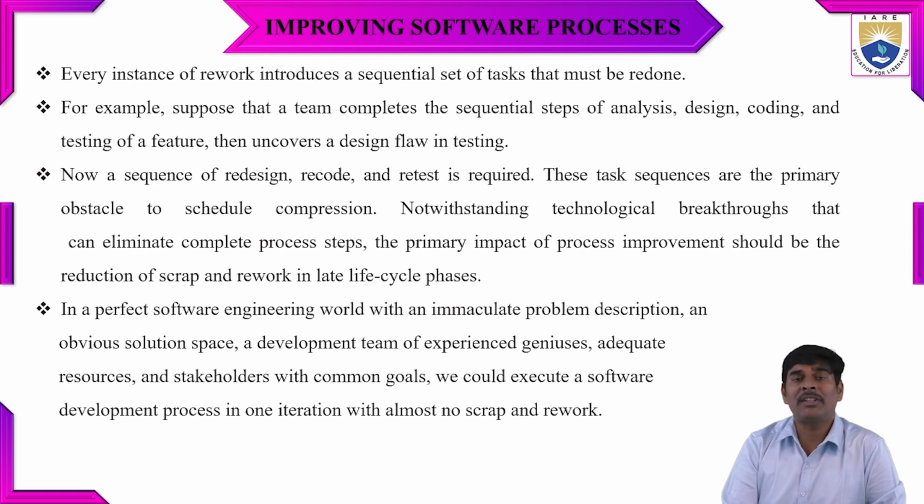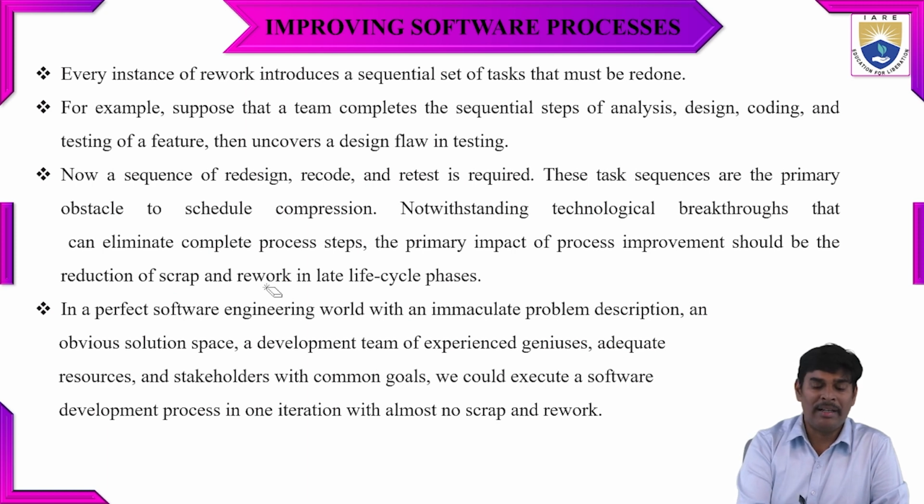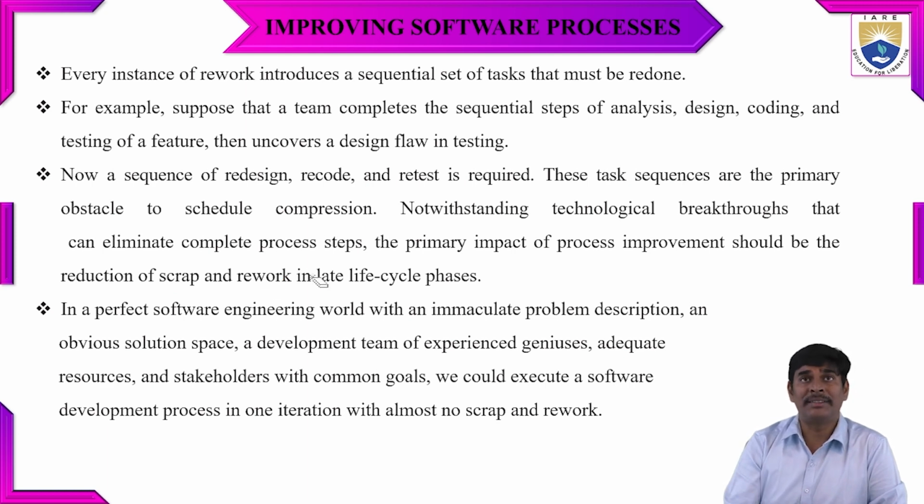The primary impact of process improvement is reduction of scrap and rework. The ultimate goal is to minimize the scrap and rework, instead of identifying them in the later phases.